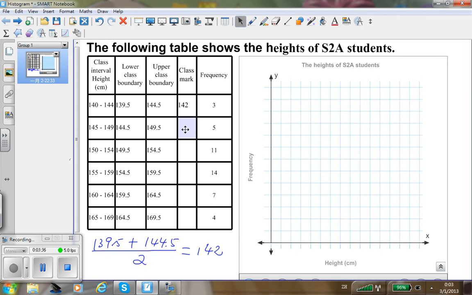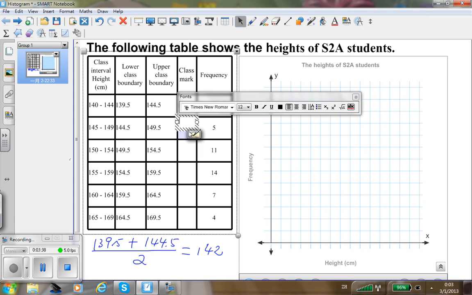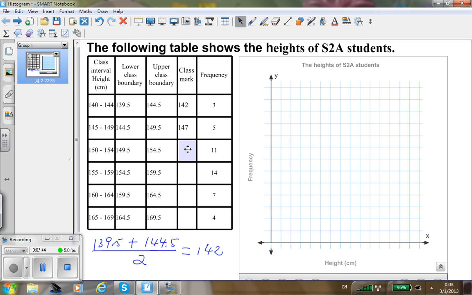In this case, the class mark for the second class is 147. And we can continue in this way to find the class mark for the remaining classes. Now you can see this is the completed table. After we have completed the table, we can proceed to draw the histogram.